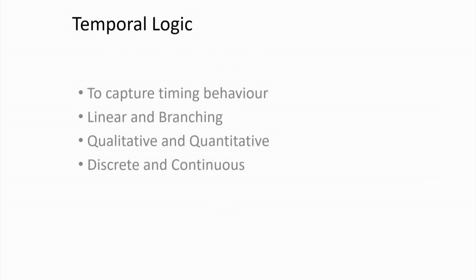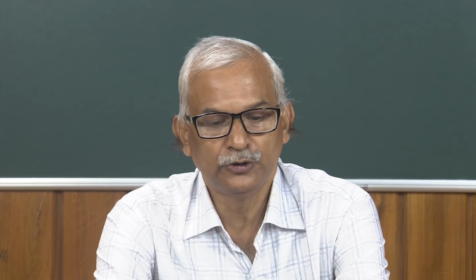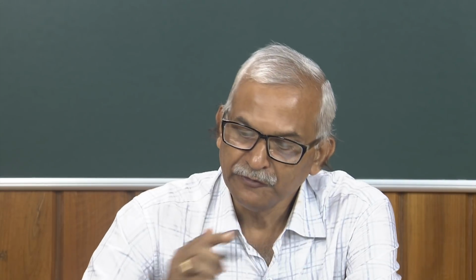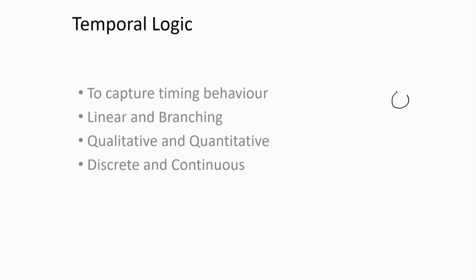In case of temporal logic, what will happen? It is going to capture the timing behavior of the system, because it is a state transition system. Say I am in a state S0, then I have a transition to S1, or maybe it can have a transition to S2. From S1 we can go to S3. This is the transition behavior of the system.